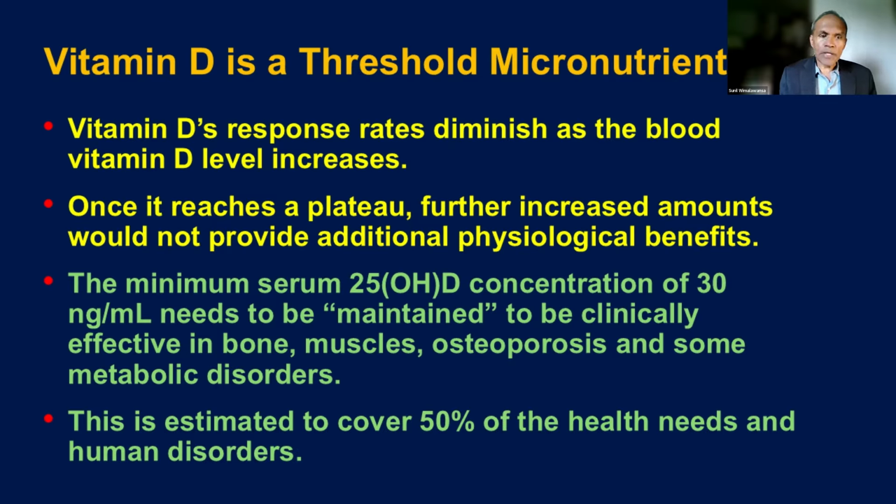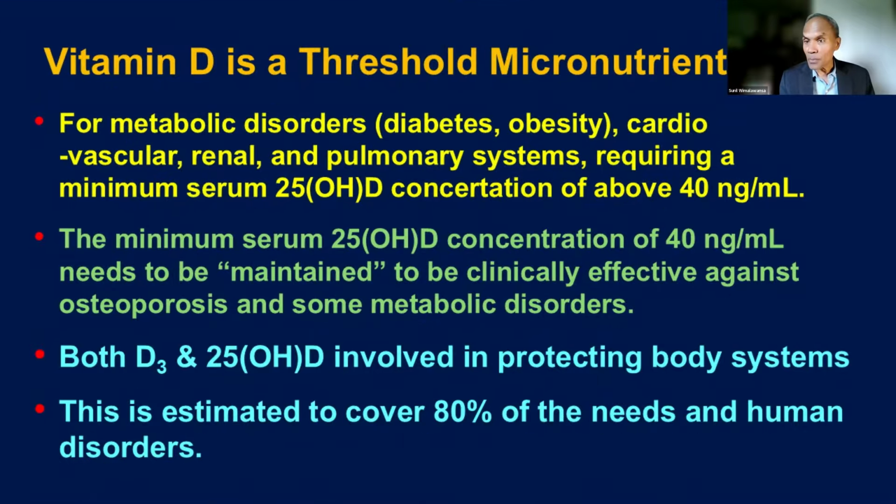It has been estimated that it covers about 40 to 50% of the needs of humans, not the needs of people. For metabolic disorders like diabetes, obesity, cardiovascular, these conditions require a minimum of about 40 nanograms per mil, with a range of 40 to 80 nanograms per mil, which is safe and is a therapeutic range.